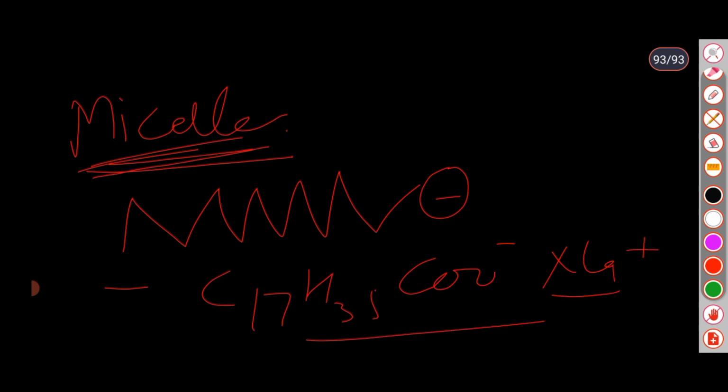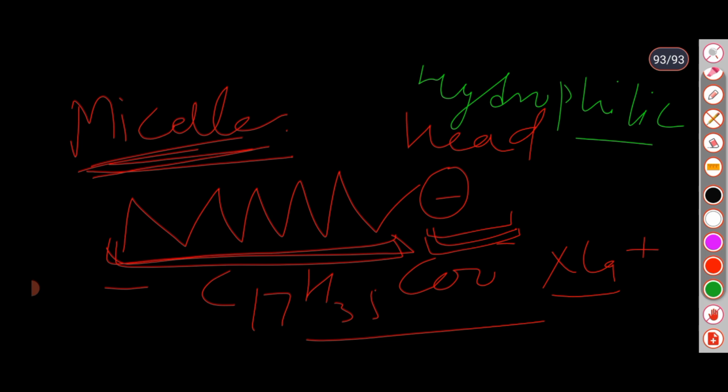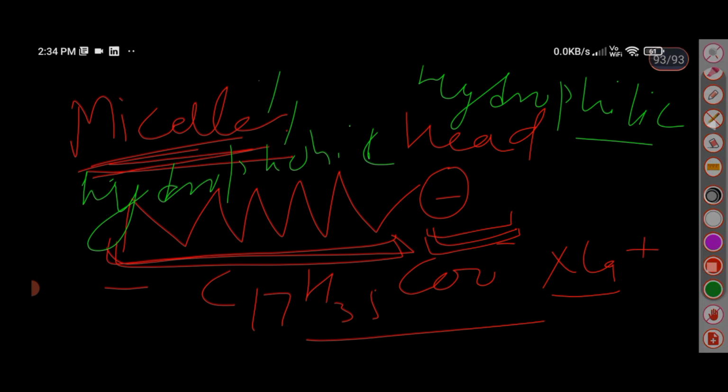What is the structure of soap? This will be the non-polar part, this is the polar part. This is tail, this is head. Tail is hydrophobic, head is hydrophilic.